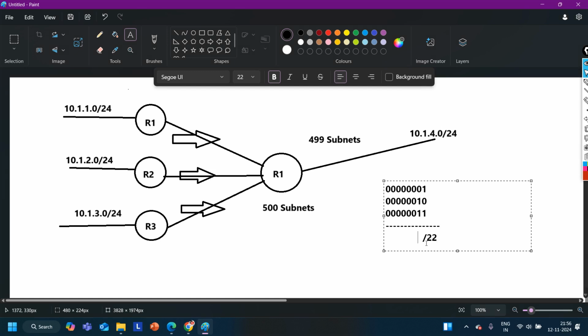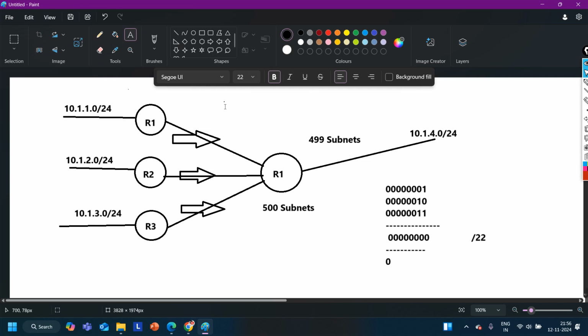And to find the network ID, you can perform an AND operation here. After the AND operation, all values are going to be what? 0. Right? So now just convert it into decimal. Here the third octet value is going to be 0, the decimal value 0.